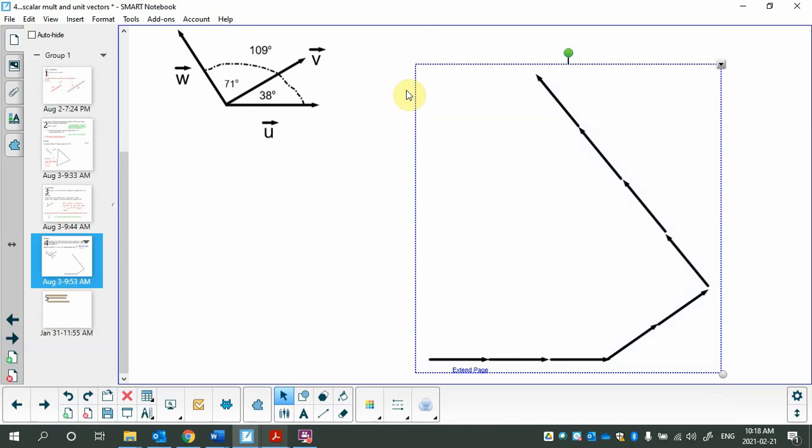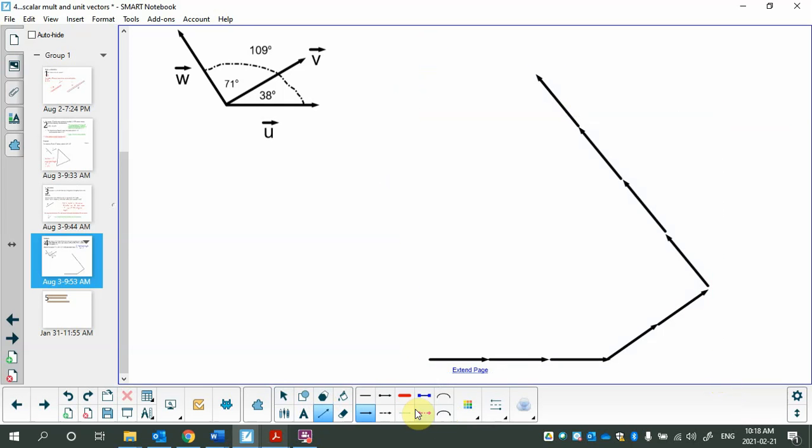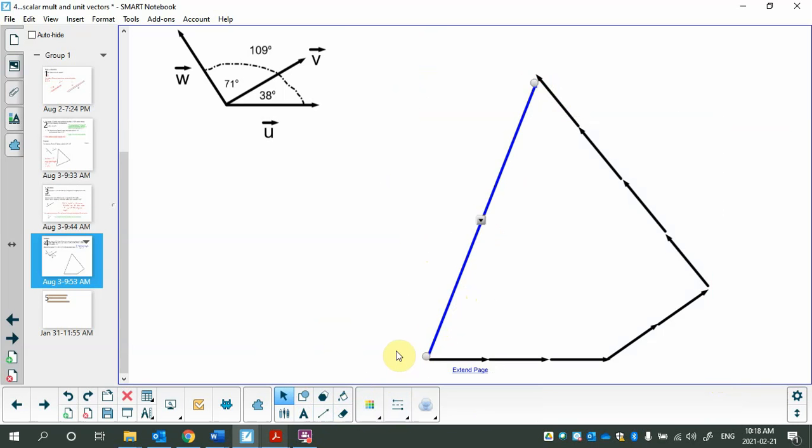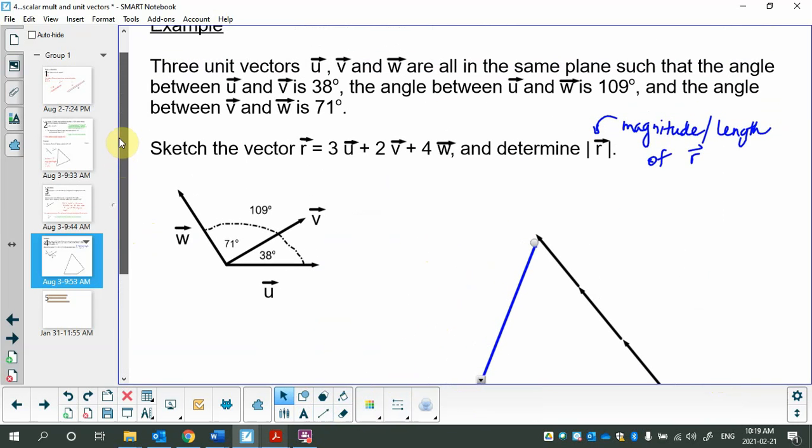All right, so the resultant is the shortcut, which I will turn blue for fun. So here's the trick to this question. A couple of tricks. First of all, these are 1-unit vectors.